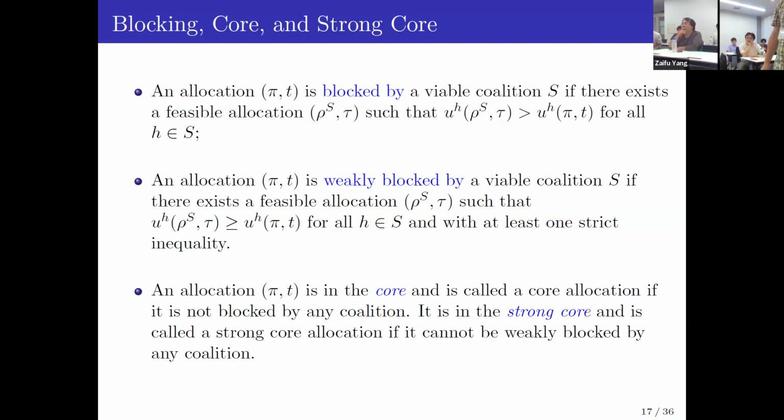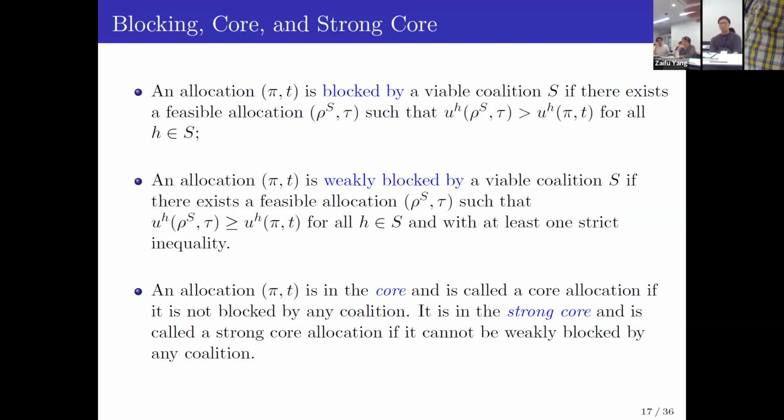Sorry, actually, my question is, you seem to be saying that your auction finds a point in the strong core. No, so the auction will find a strong core allocation if no bidders are budget constrained.